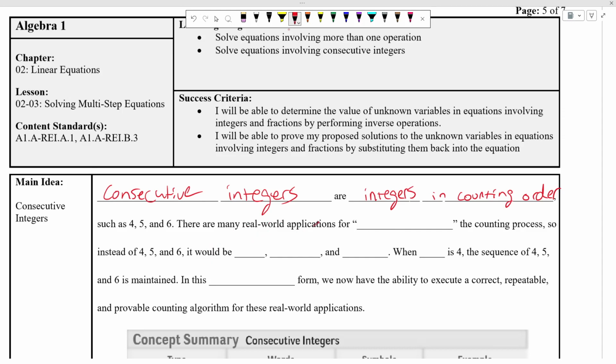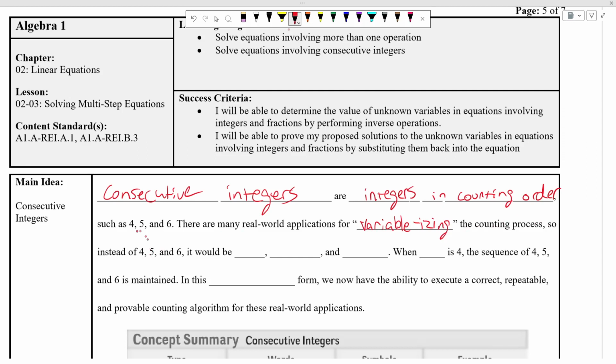There are many real world applications for what I call variabilizing the counting process.